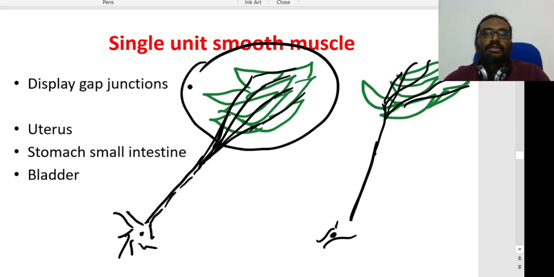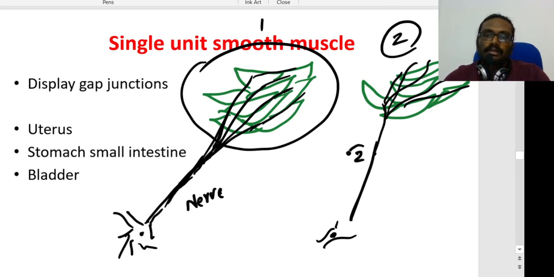For this one unit, a single nerve with different axons. അപ്പോൾ ഇതൊരു ഒറ്റ nerve axon ആണ് ഇതിലേക്ക് വരുന്നത്. And for another second unit, unit 1, unit 2, this is another single unit smooth muscle, and that has a separate second neuron. This is how the neural supply is organized.